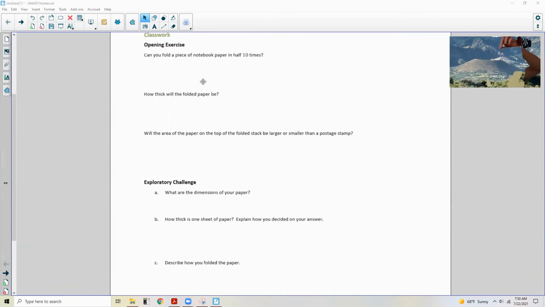My camera's not working properly. It's not picking it up like a green screen. Anyway, I've got this piece of paper. That's not going to work well because it's yellow, I bet. So let me get a piece of computer paper and we're going to see how many times we can fold it.